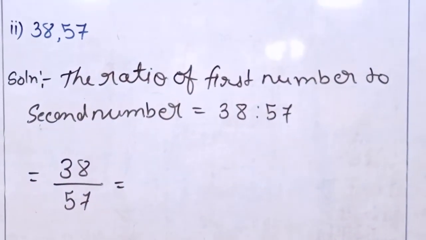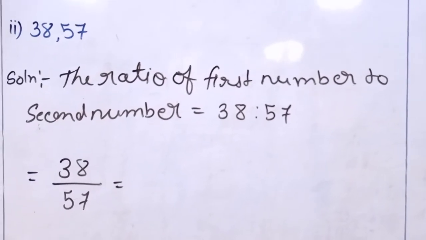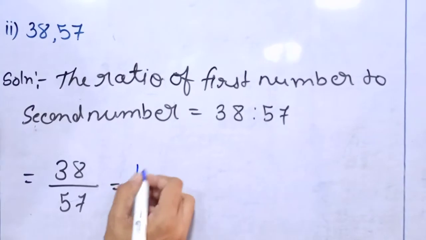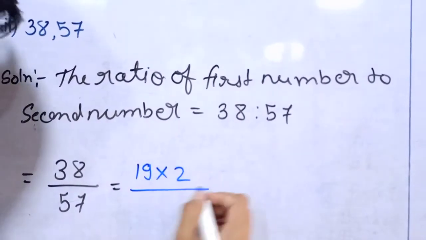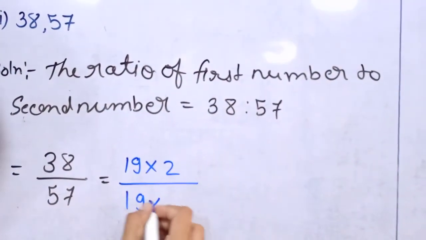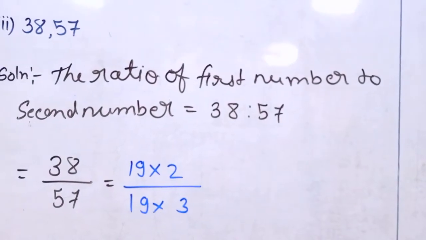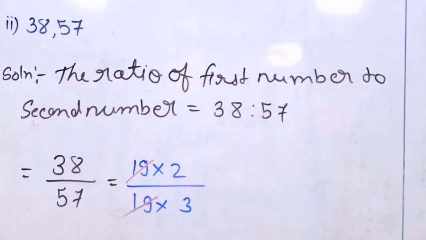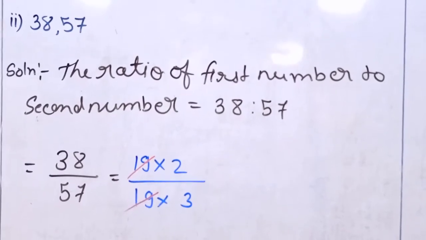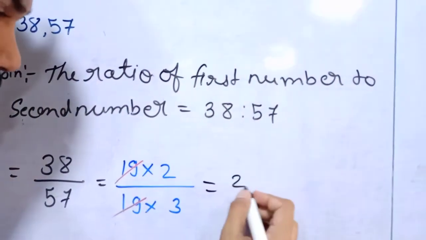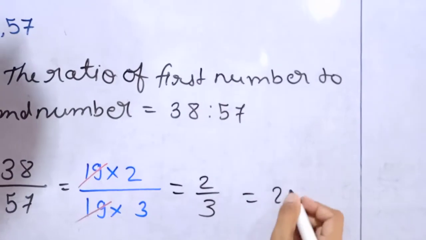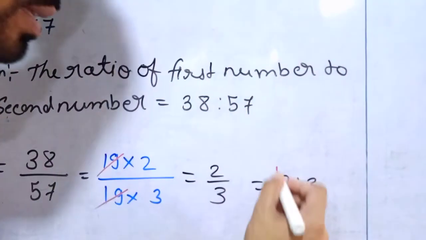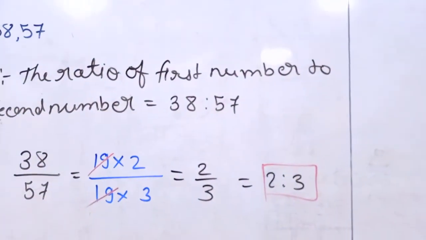If you see, these two numbers are also multiples of 19. So 19 2s are 38, 19 3s are 57. Yes. Now we have the same number in the numerator as well as the denominator. We cancel, and then 2 upon 3 remains. So we write 2 is to 3. This will become the answer. Come for the next sum.